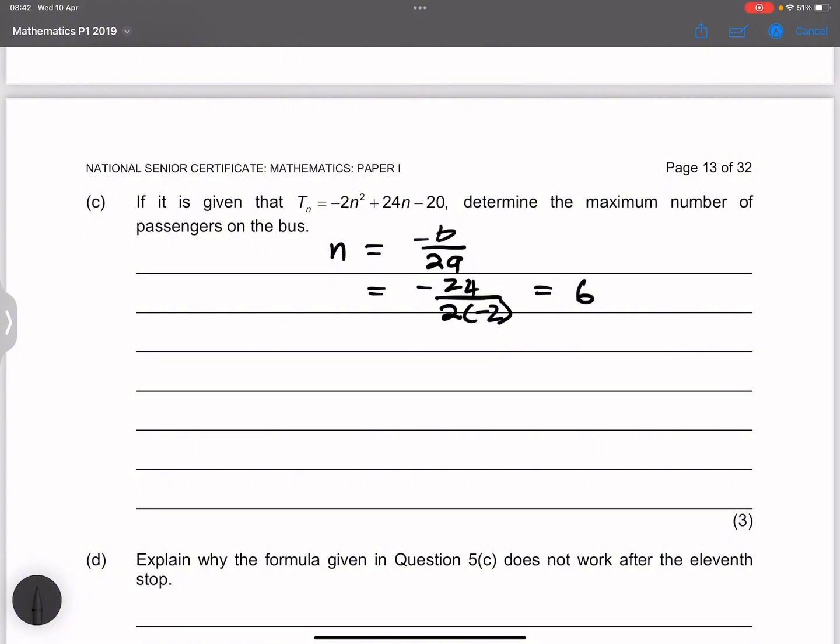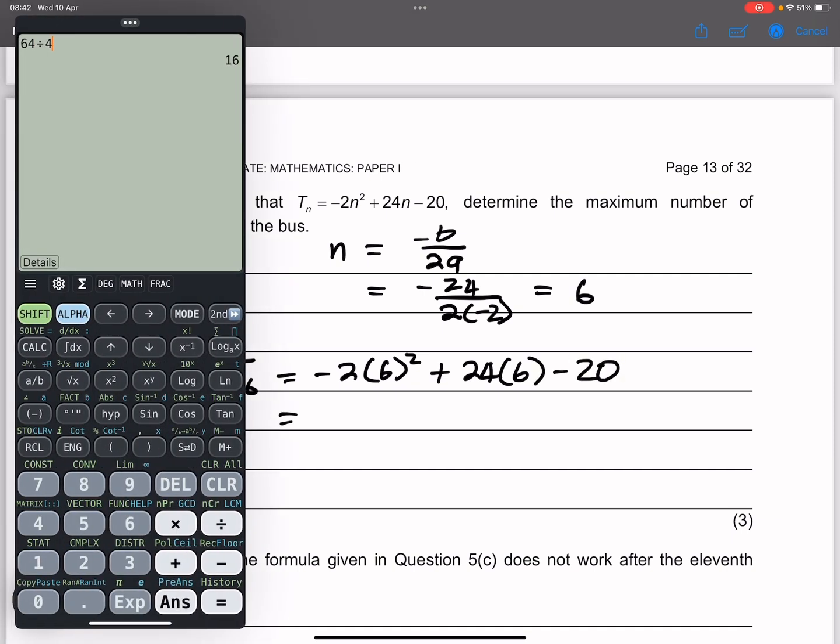Right, but we want the maximum number of passengers, so we're going to say T6, that's -2 times 6 squared plus 24 times 6 minus 20. Let's try to get that.